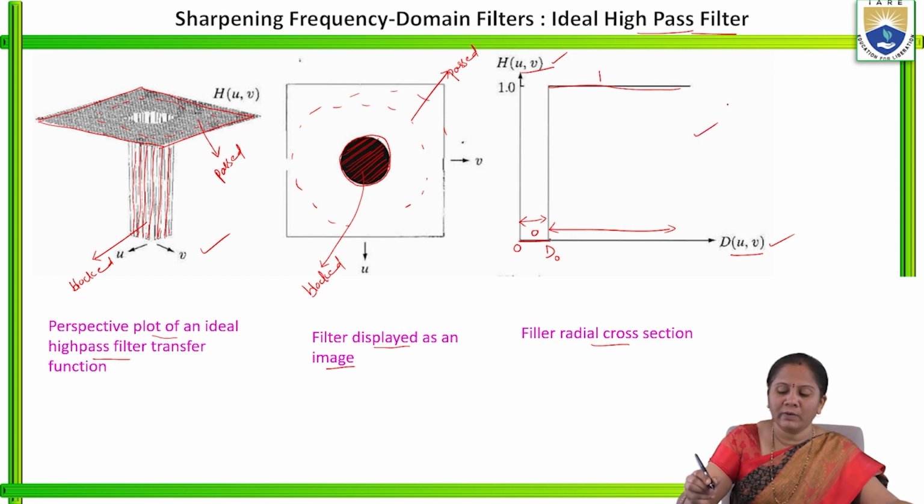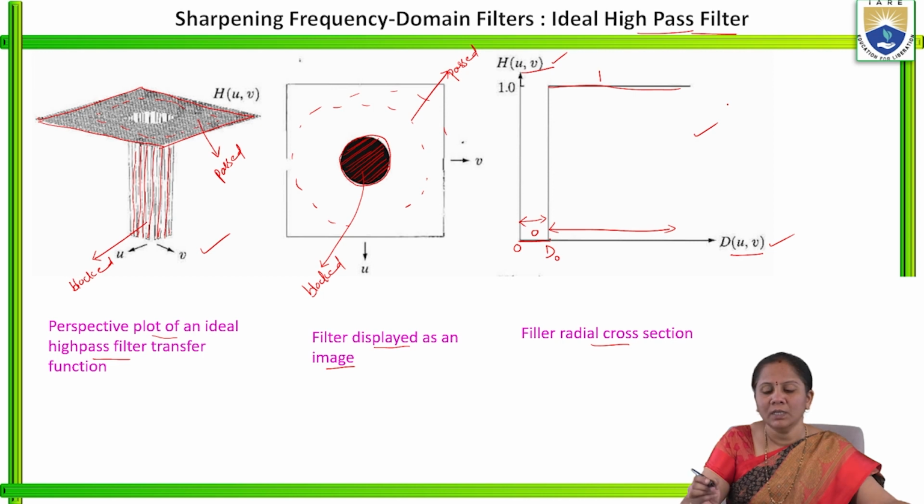So this is what we have represented in the ideal high pass filter transfer function. The frequencies below D naught are represented as 0. The frequencies above D naught are represented as 1. If we consider a low pass filter, it is exactly the reverse operation.